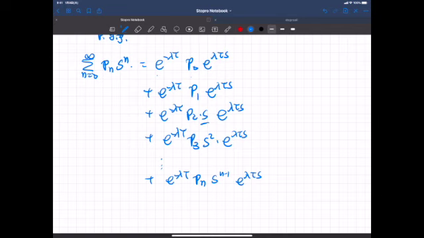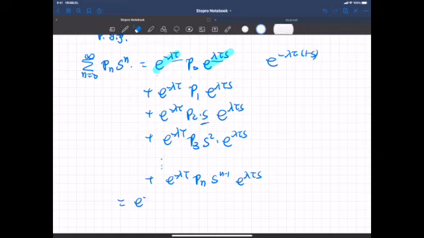So let's summarize this result. We can combine this exponential with this exponential. So we have lambda tau, so it will be exponential of minus lambda tau (1 minus s).